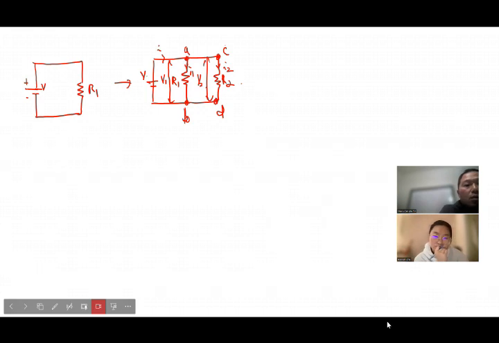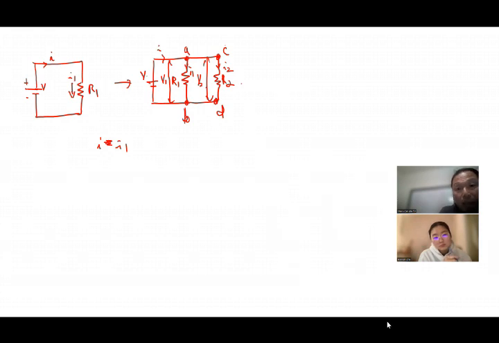Originally the current I was the same as I1, but once you add a resistance with a second circuit path, I becomes I1 plus I2.